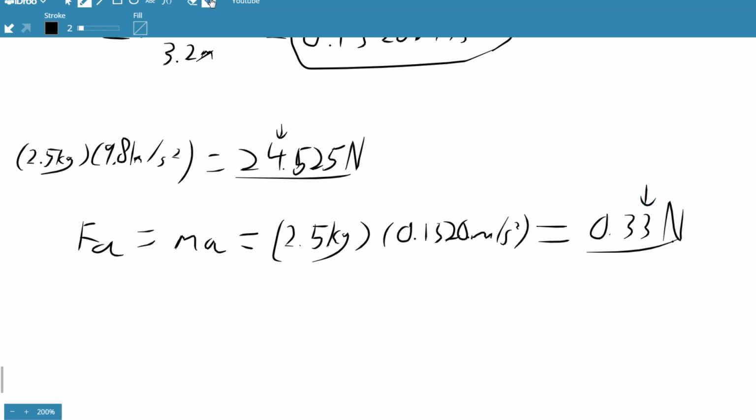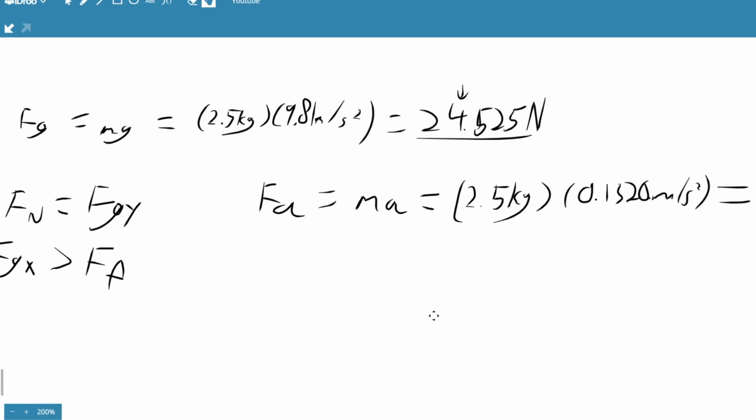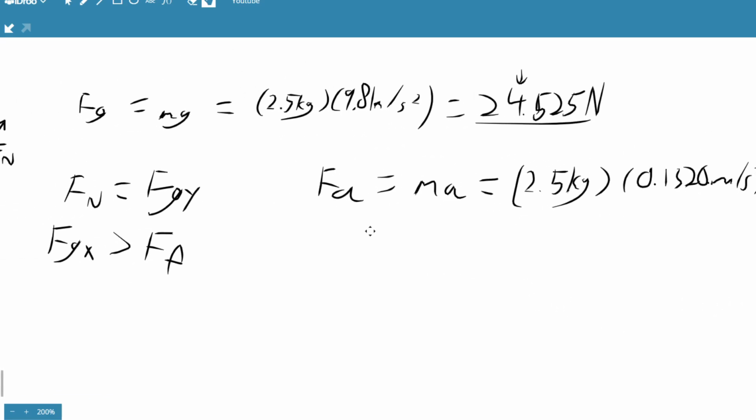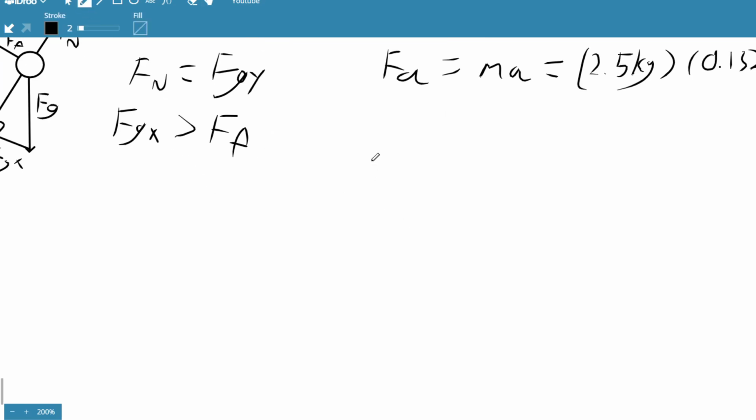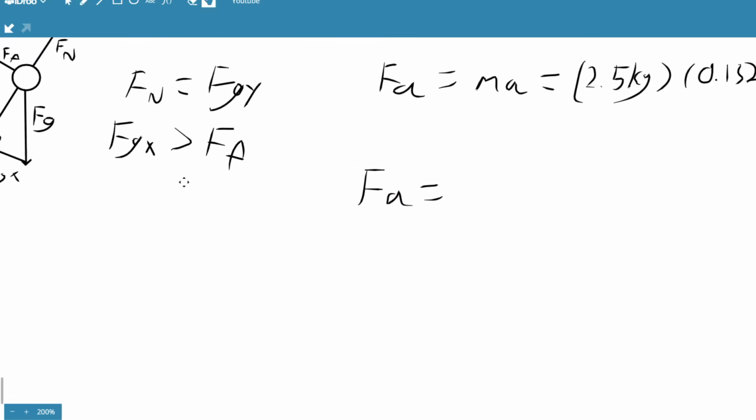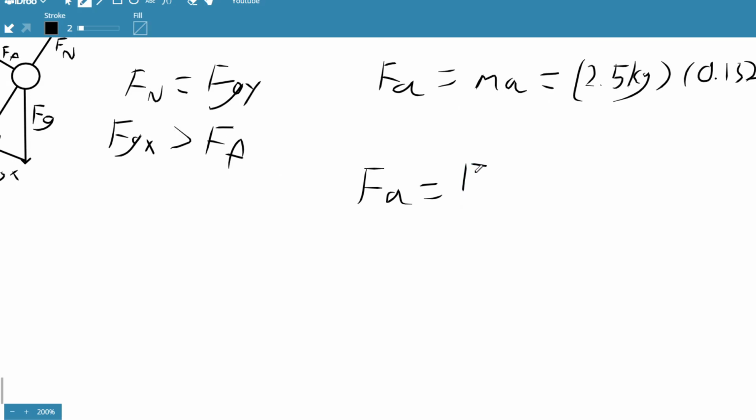It's already 2 sig figs, so I don't need that. Now that we have FA, we can determine that FA is equal to FGX minus FF.